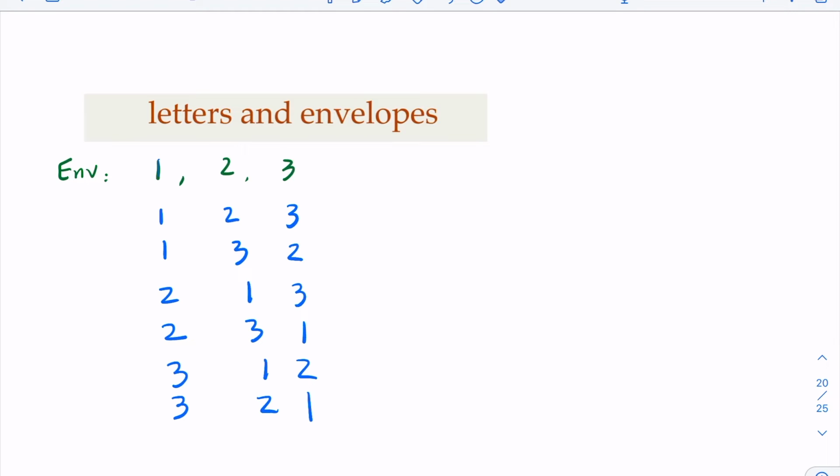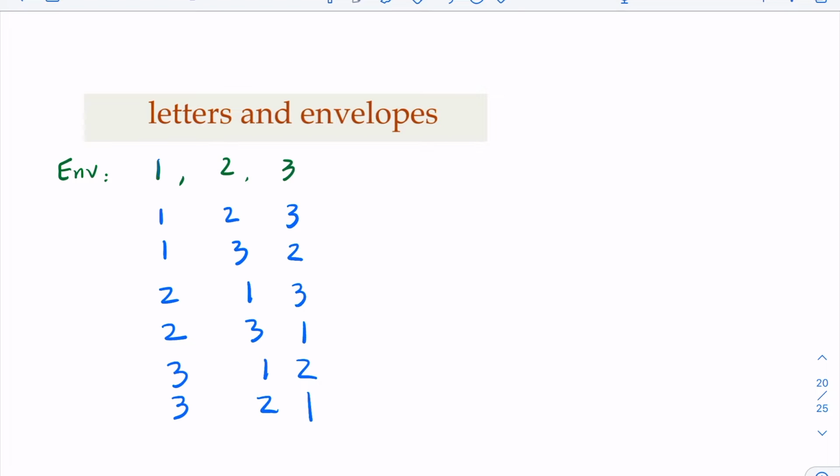What is the chance that every letter is put in the wrong envelope? In this case, we number the envelopes 1, 2, 3, and for the 6 different permutations of the 1, 2, 3 letters, we're going to care about the derangement. In other words, no letter is at the right envelope.